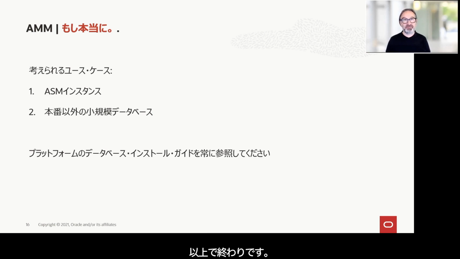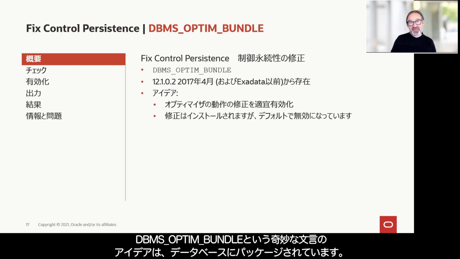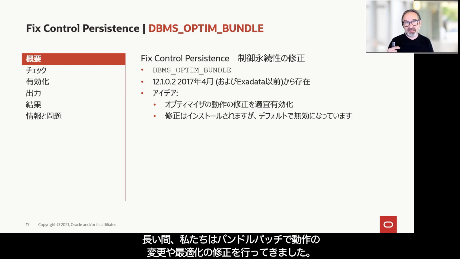That's it. Next topic, fixed control persistence. The idea of that strange wording with DBMS_OPTIM_BUNDLE, a package in the database, is since a long time, we deliver behavior changing optimizer fixes with bundle patches.